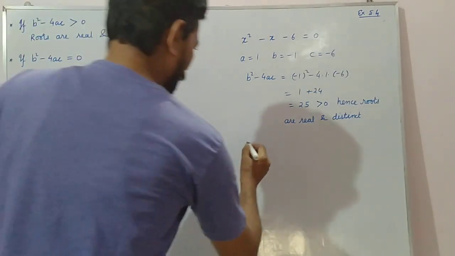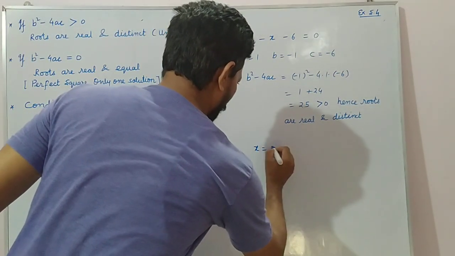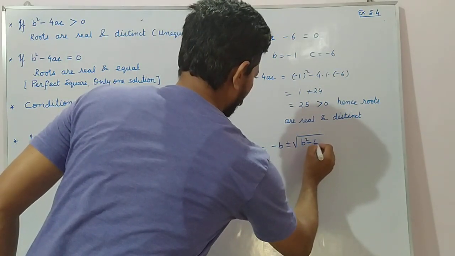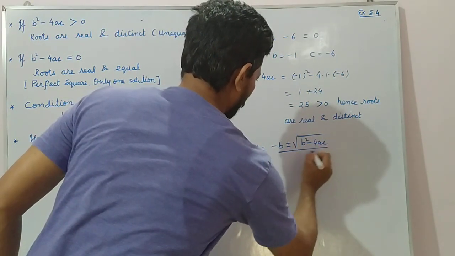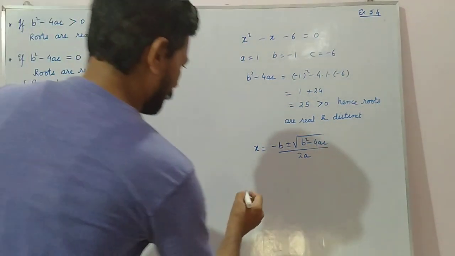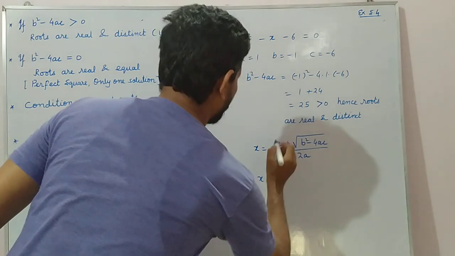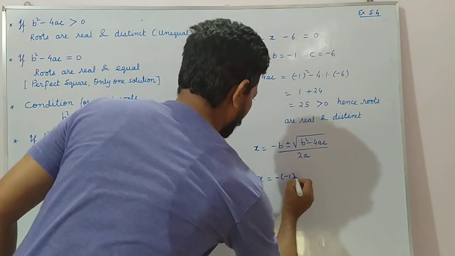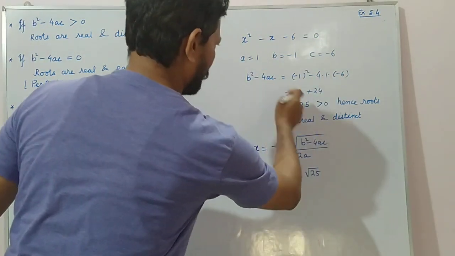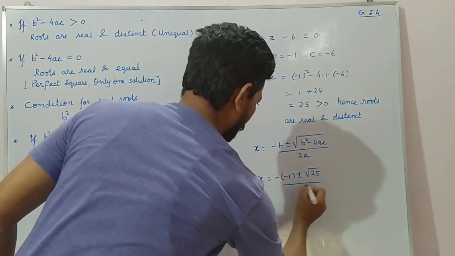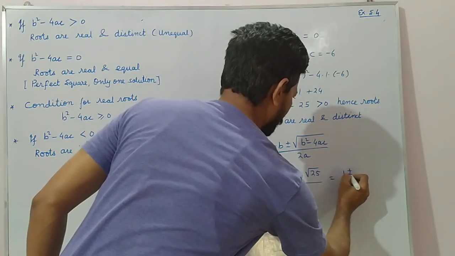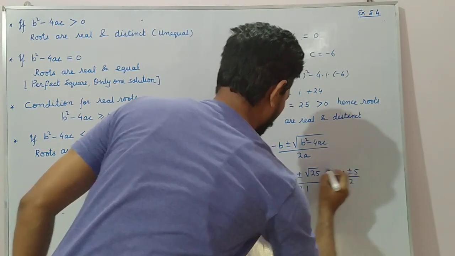Now, when you find the value of x equal to minus b plus or minus root over b square minus 4ac by 2a, so here, x equal to minus b, that is minus 1 whole minus, that is 1, plus or minus root over 25, because we have already calculated b square minus 4ac is 25, by 2 into a, that is again 1. So this is 1 plus or minus 5 by 2.